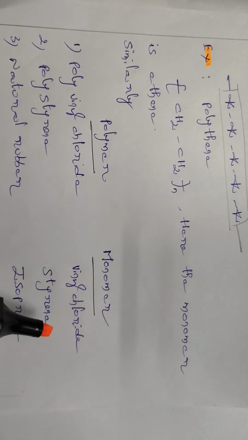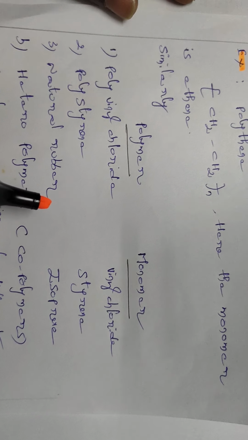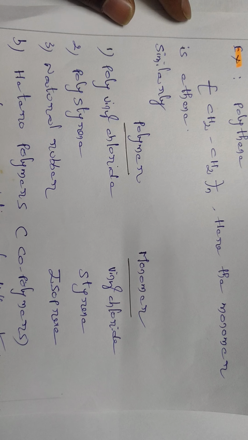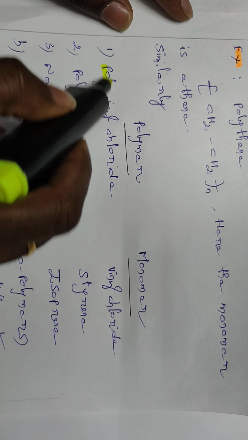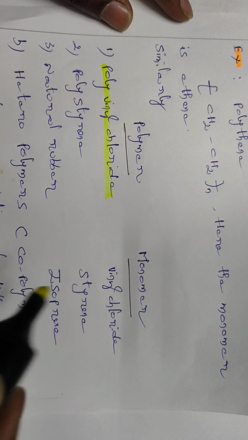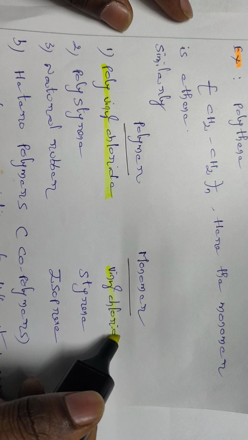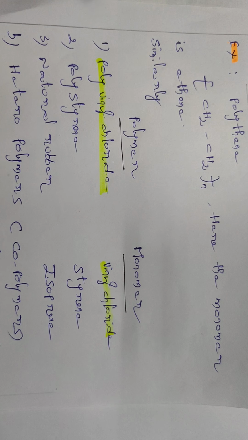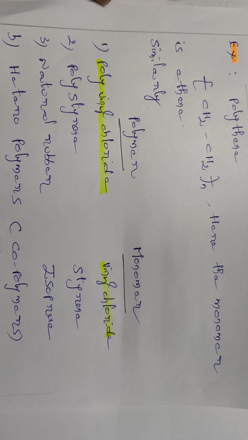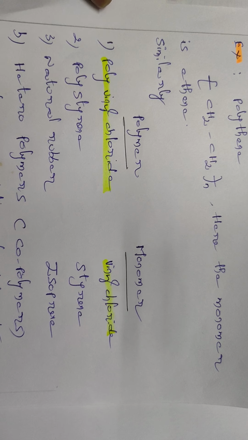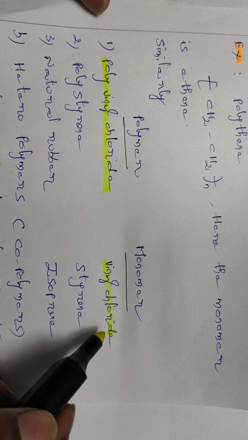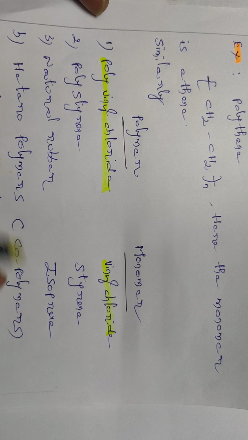Similarly, here you can observe some examples. Polyvinyl chloride. Here the monomeric unit is vinyl chloride. Combination of several vinyl chloride molecules produces polyvinyl chloride. Here the monomeric unit is vinyl chloride, so it is a homopolymer.